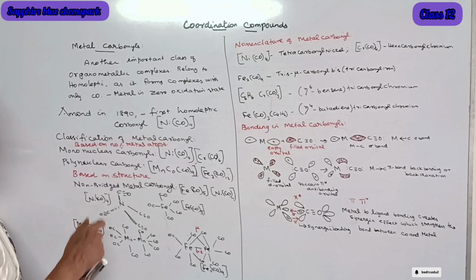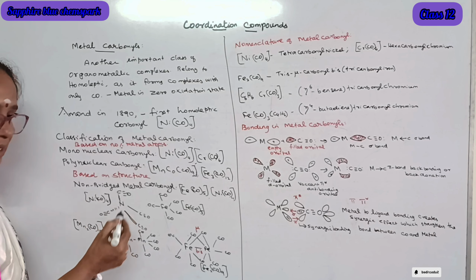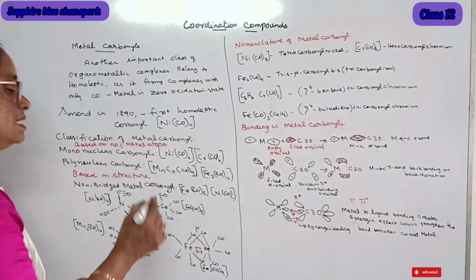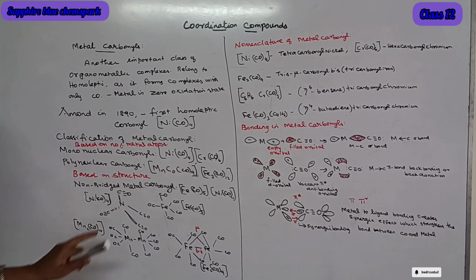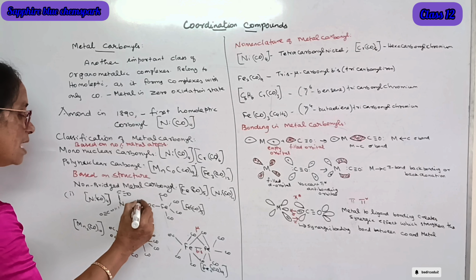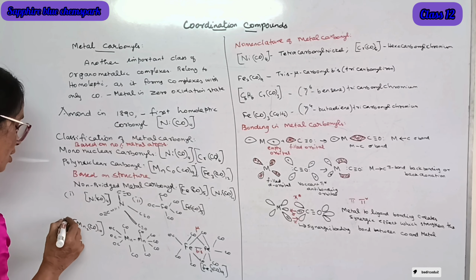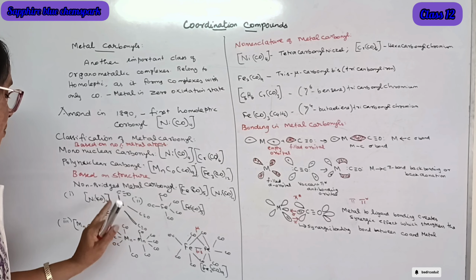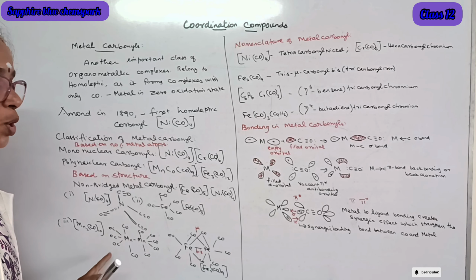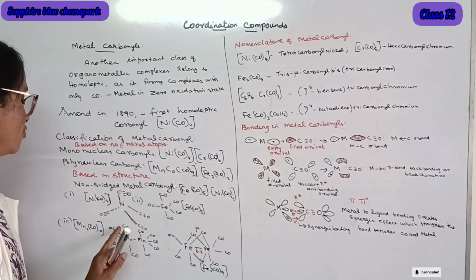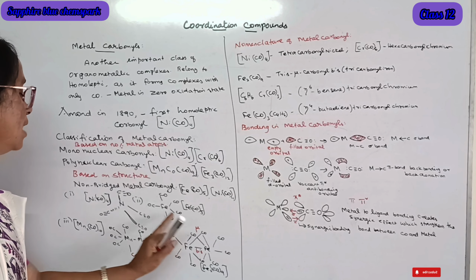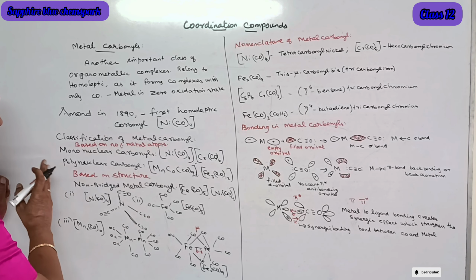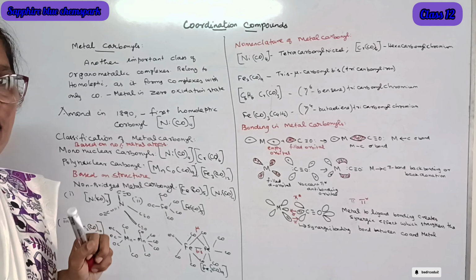The first one, nickel tetracarbonyl, has a tetrahedral shape, and the other one, pentacarbonyl iron, has a trigonal bipyramidal shape. These complexes are examples of non-bridged structures. In all these types, we do not find any bridging group. The bridging should be made up of only the carbonyl group, and such bridging is not there. So, these three belong to non-bridged metal carbonyls.